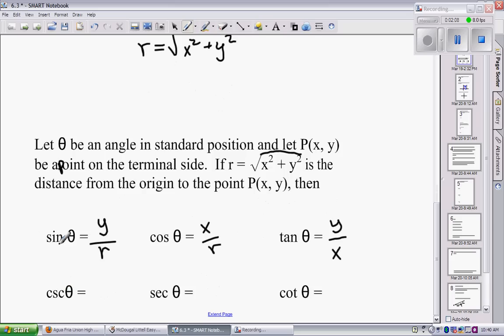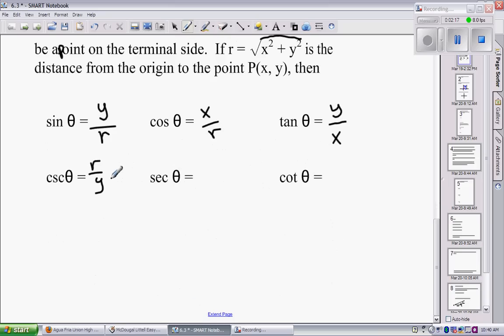The cosecant is going to be the reciprocal of the sine, so r over y, and we have to say that y cannot equal 0. Secant will be r over x, where x cannot equal 0.